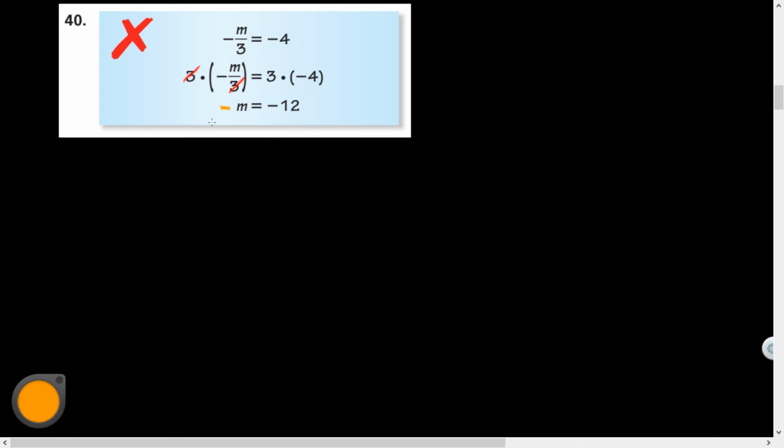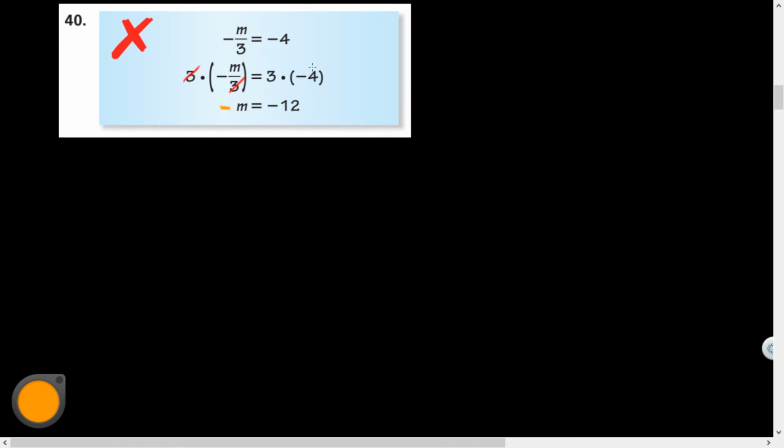I'm fine if you call it -m myself, but they'll say the opposite of m because what if m was already negative, and then the opposite, or negative of -m, would be positive. So yeah, opposite of m, -m, I know what you mean. So the issue is m does not equal -12. -m, or the opposite of m, is equal to -12.